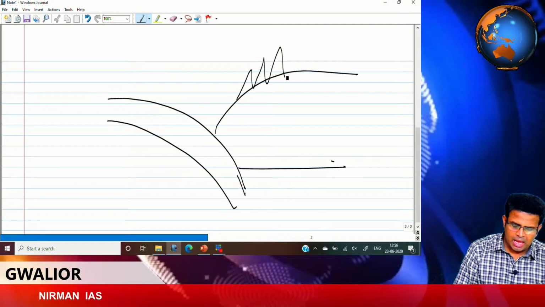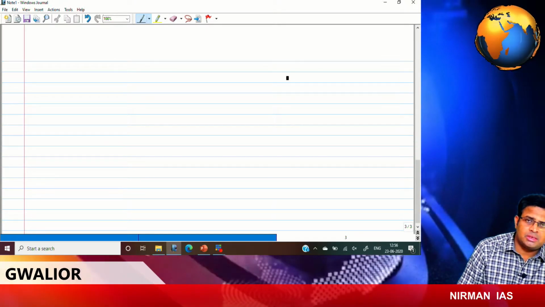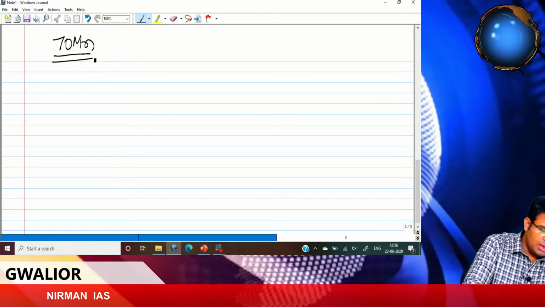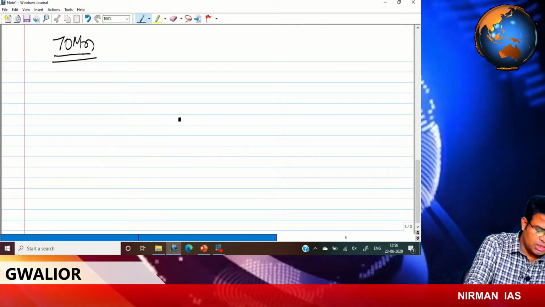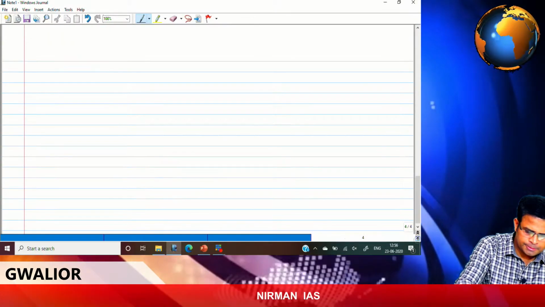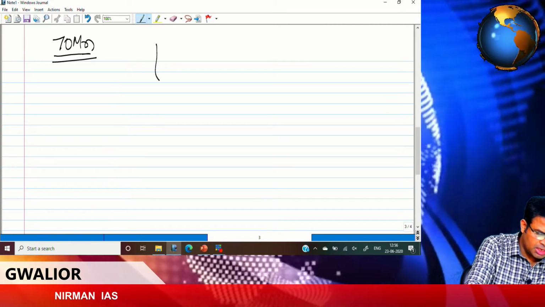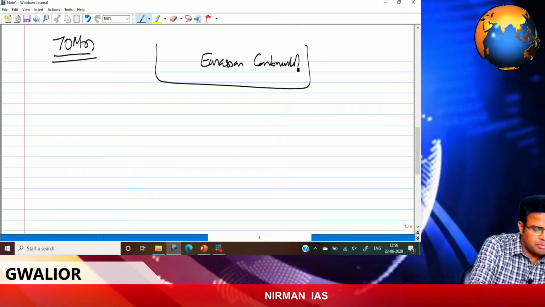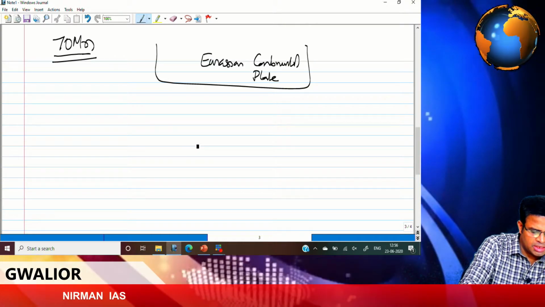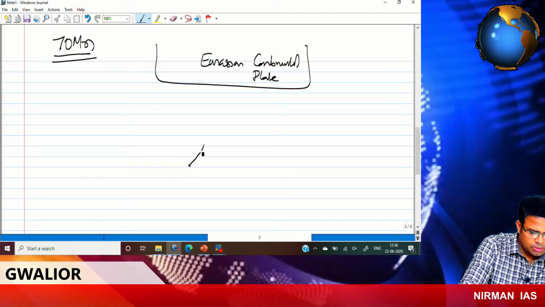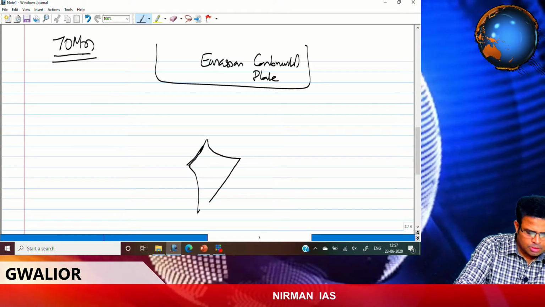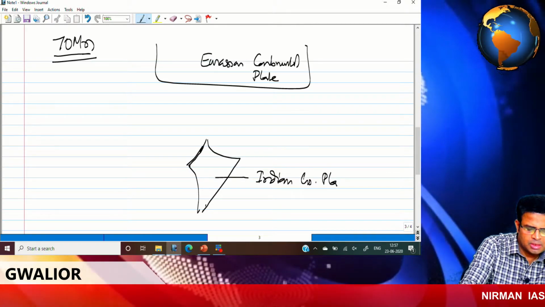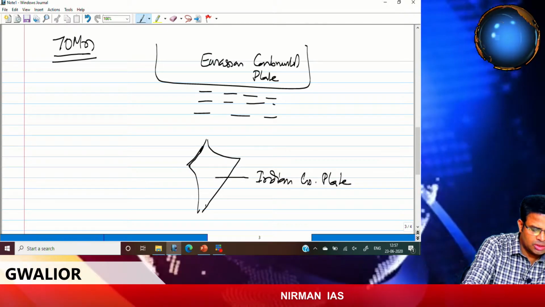But let us see what happened in the case of the Trans Himalayas. 70 million years ago, on this side is the Eurasian continental plate, and in the south there is an Indian Gondwana plate, and between them there is a Tethys Sea.